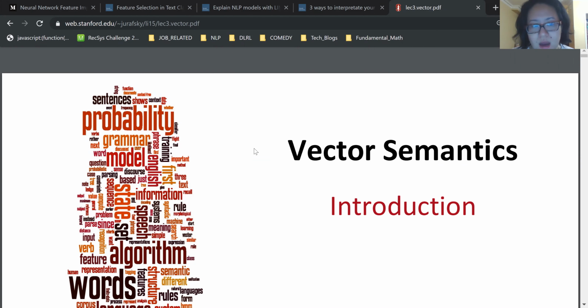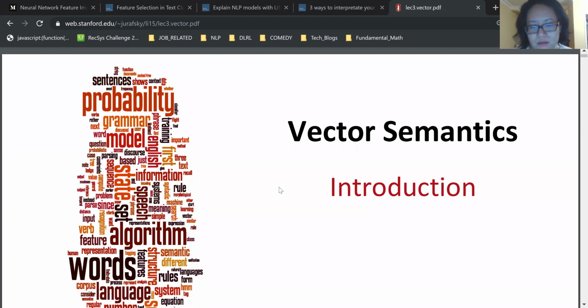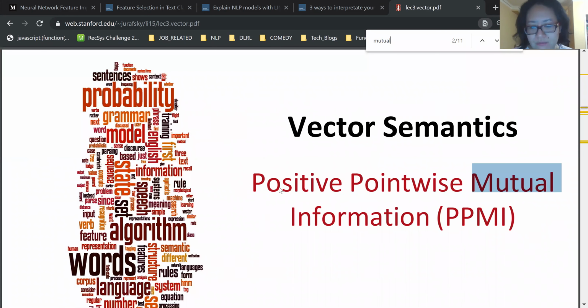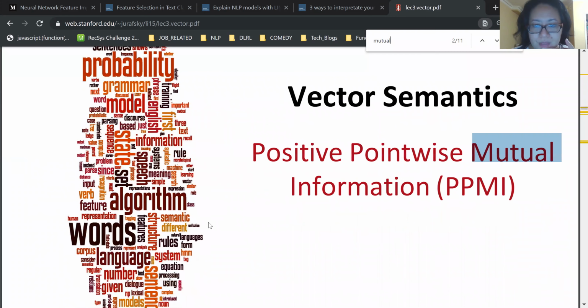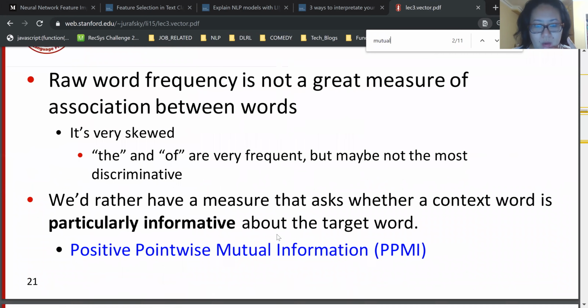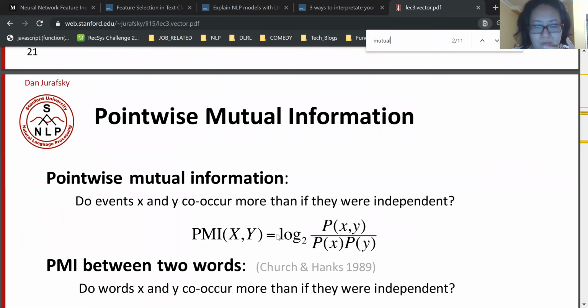So this is one of the slides, which is in vector semantics. So let's go to the section which talks about pointwise mutual information. So here is the section in this slide about pointwise mutual information.